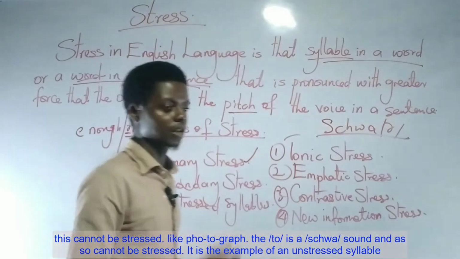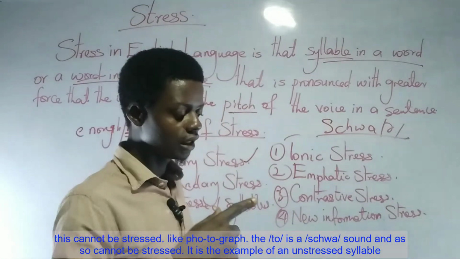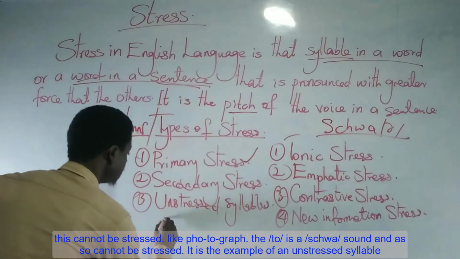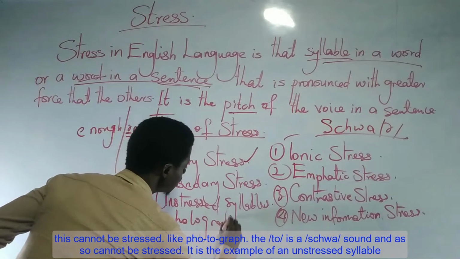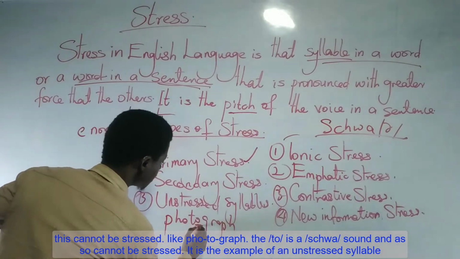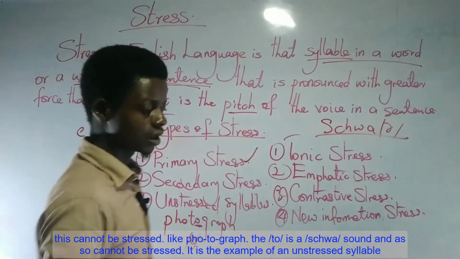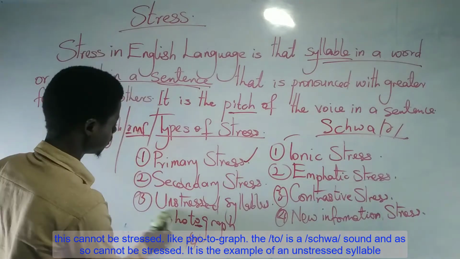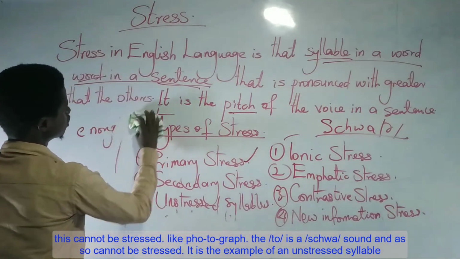The P-H-O, the T-O, like P-H-O-T-O-G-R-A-P-H. You can't stress this because it is a schwa sound. Most of the sounds here are examples of an unstressed syllable.